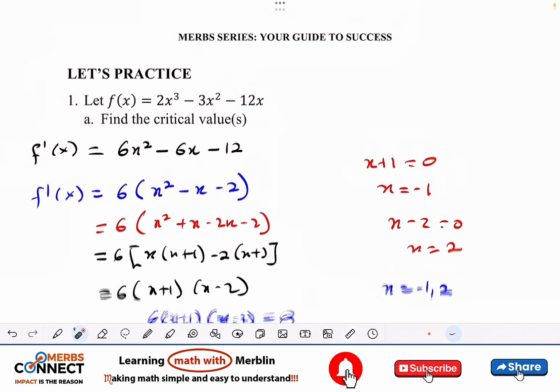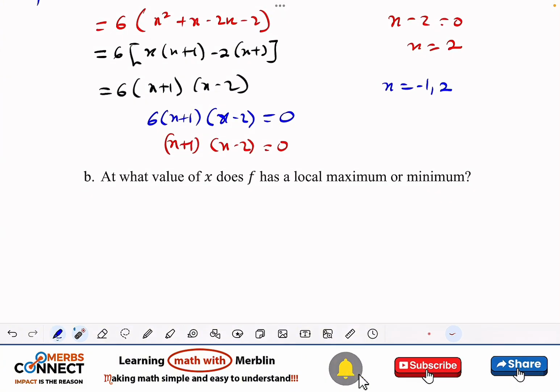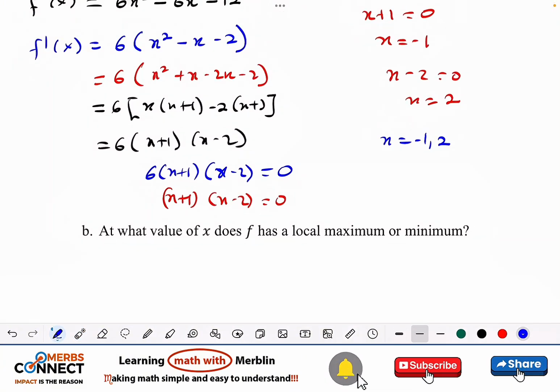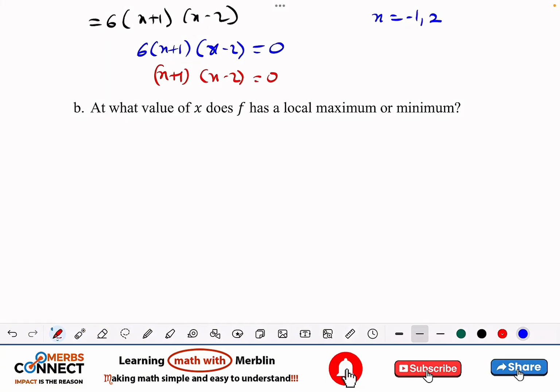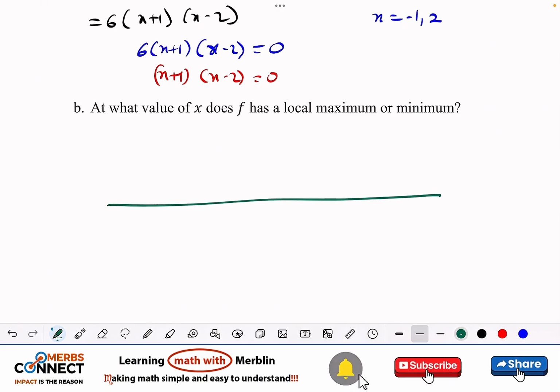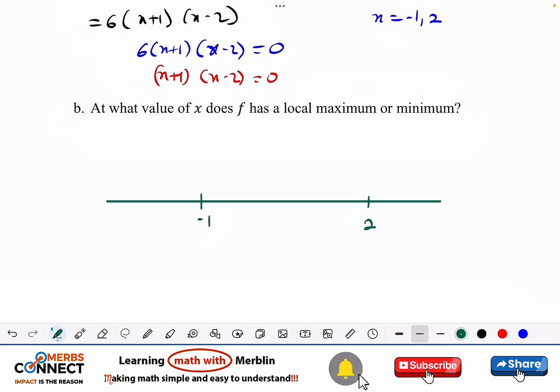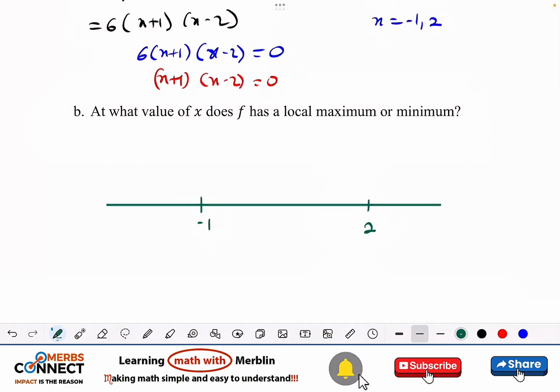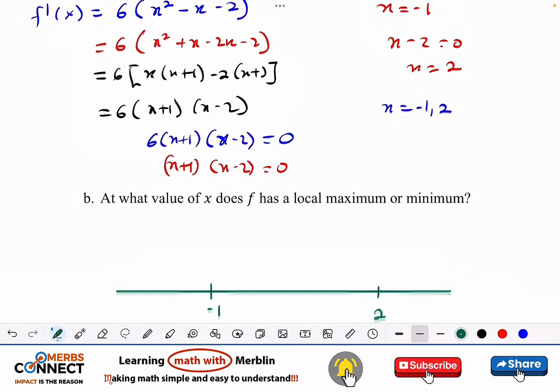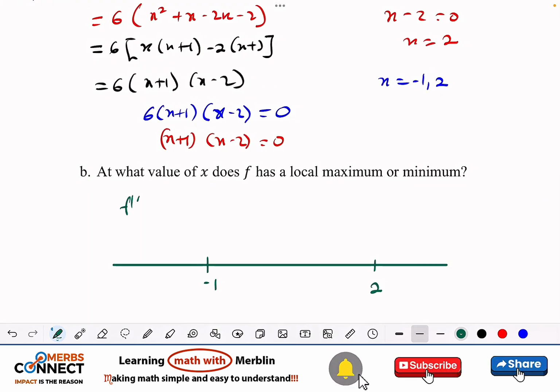So we will see how we are going to do this here. Now let's look at how we can do it. I use a sign chart. This is how I do it. I put my sign chart here, and then I put my critical numbers on it: -1 and 2. Remember we are using the f prime here. Anytime you are doing this, we use the f prime. So f prime is 6(x + 1)(x - 2), right?